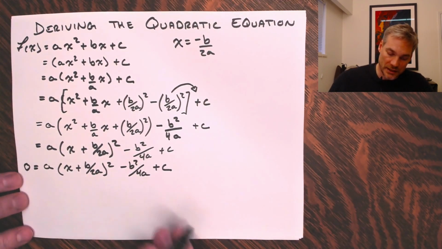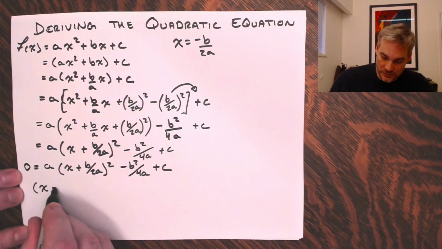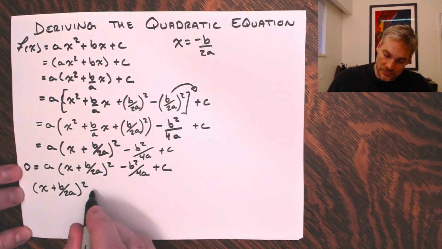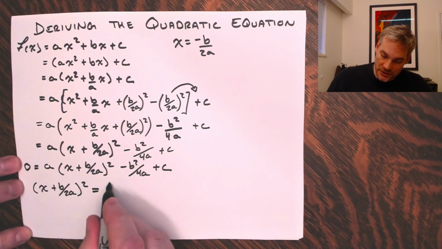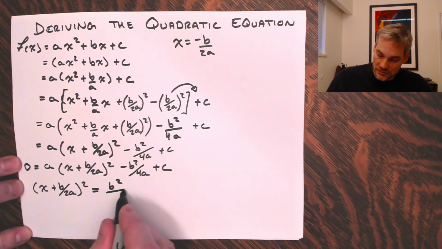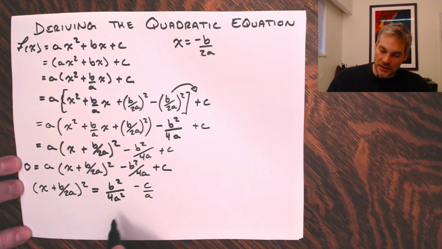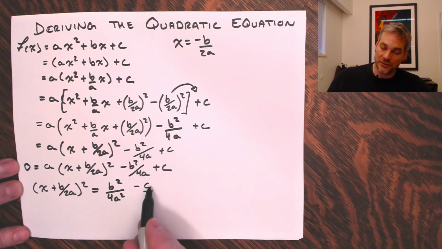I've gone at an angle there. So now I move this over. And I'm going to want to find a common denominator here. So in this case, it's 4a squared, so I have to multiply this by 4a.